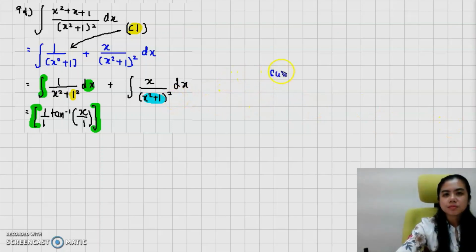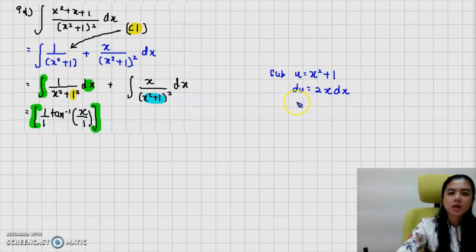So let u be x squared plus 1. What happens is you will have du, which you differentiate, giving 2x dx. What I need is the form of x dx, so the 2 I bring to the left-hand side, so it becomes divided. So I will have du divided by 2.